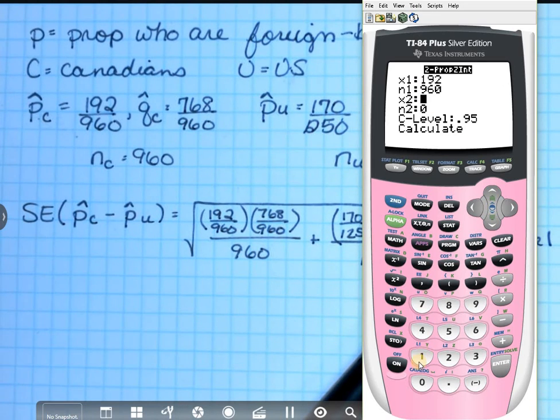Group 2, that's my successes. That's my totals. And the problem gave me a 95% confidence level. So let's just make sure our answers match. There's my confidence level. My confidence interval.